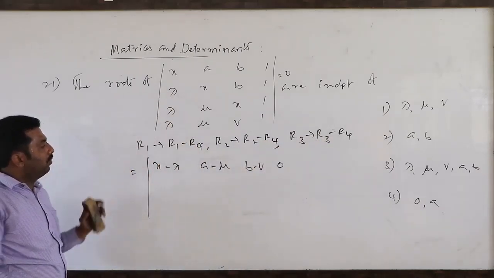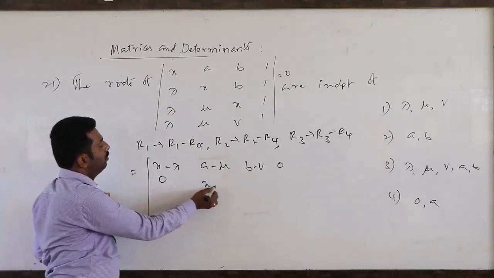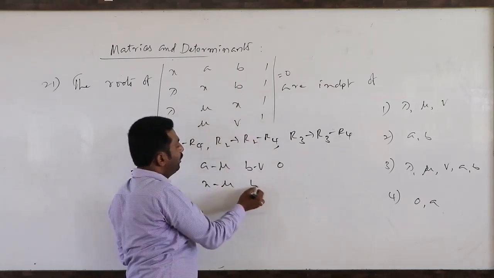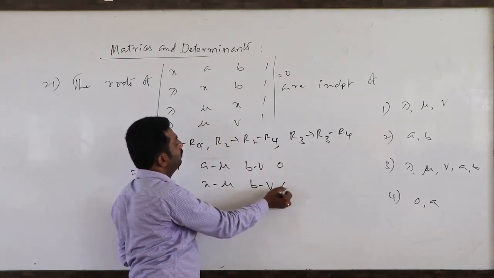R2 minus R3: 0, x minus mu, b minus v, 0.